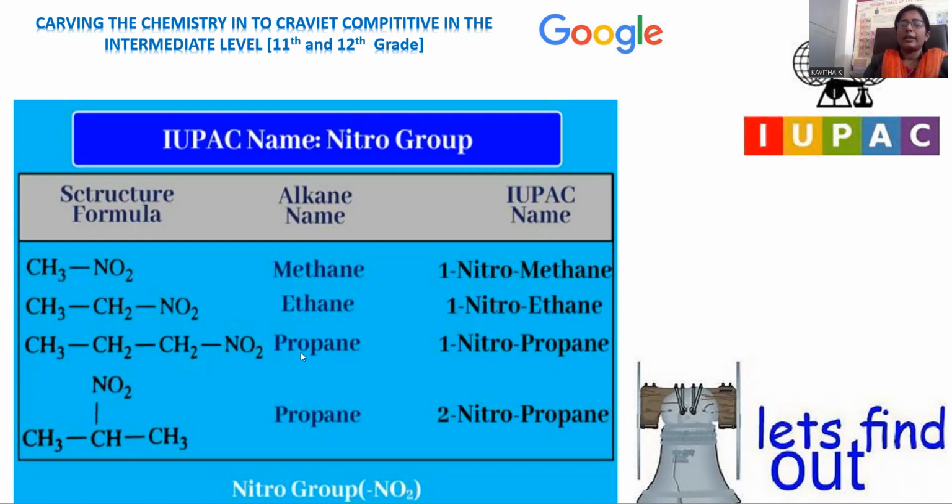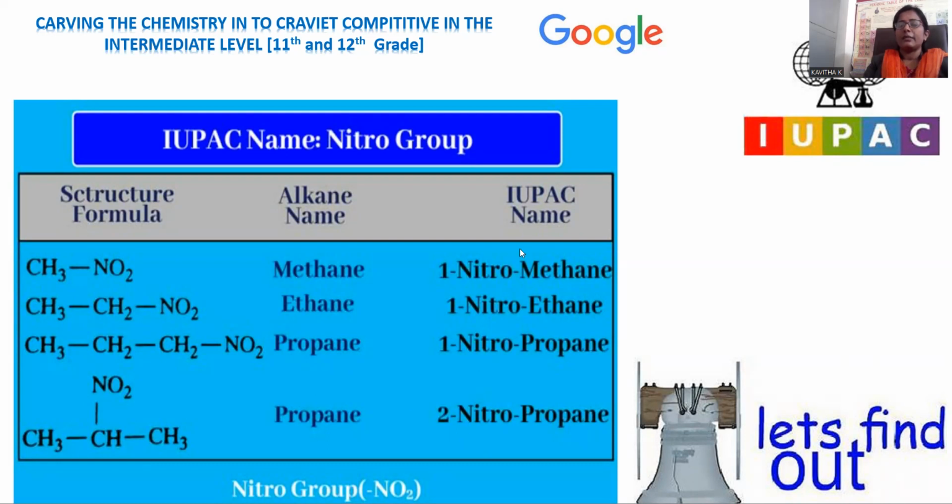Propane is the alkane name and nitro is located on the first carbon. In a similar manner, nitro can be located on the second carbon, so the parent chain remains three carbons only, but the nitro position you have to mention as 2-nitropropane.